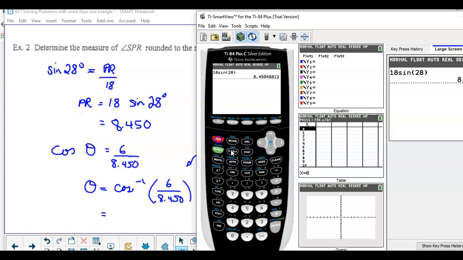So when you go second cos, then you're going to go 6 divided by, you can either do cursor up. If you have an older version of the calculator, you can go second negative. That gives you the answer. See how it says answer on your calculator. Close the bracket, enter on that.